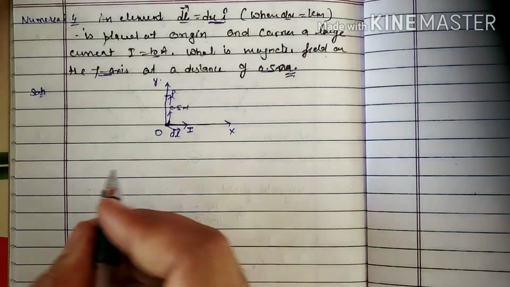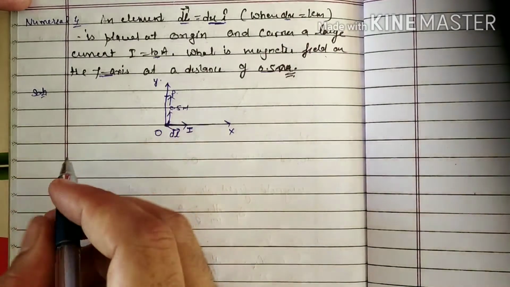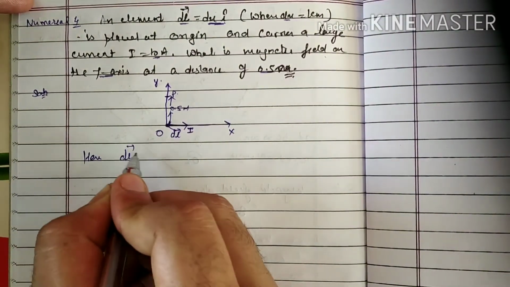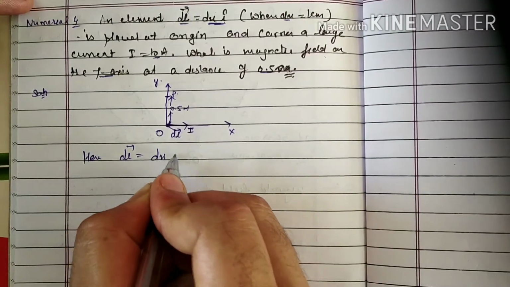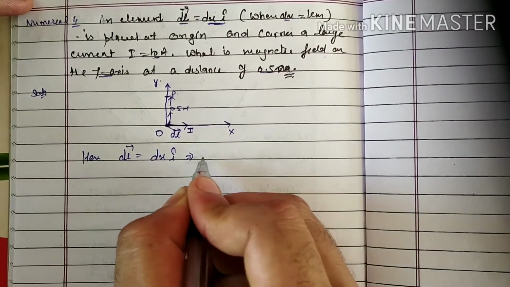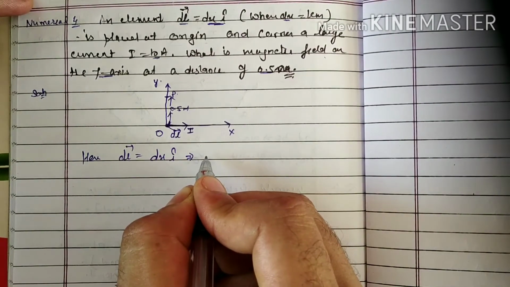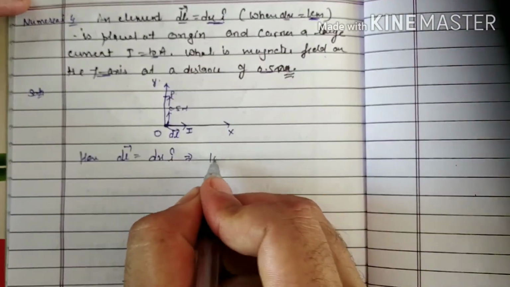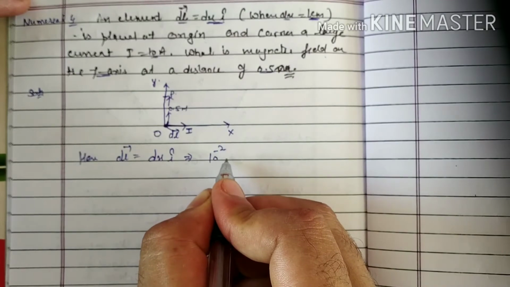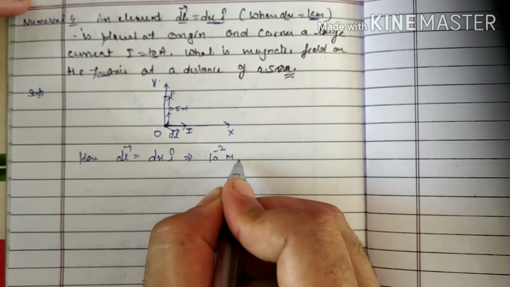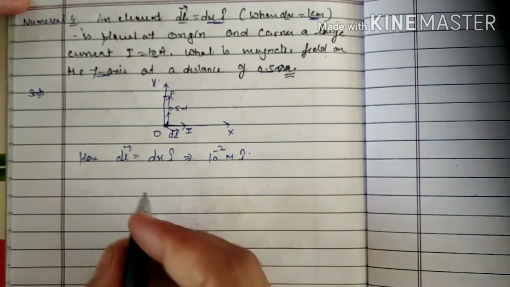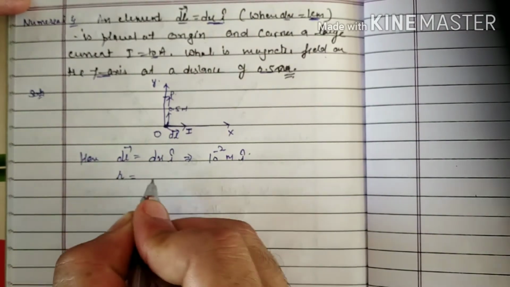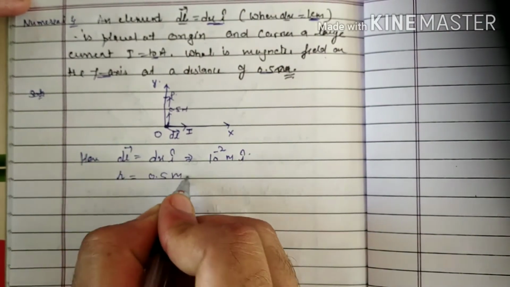Here the dl vector is equal to dx i, and dx is given as 1 centimeter, that is 10 raised to power minus 2 meter along the x-axis, and the distance r is given as 0.5 meter.